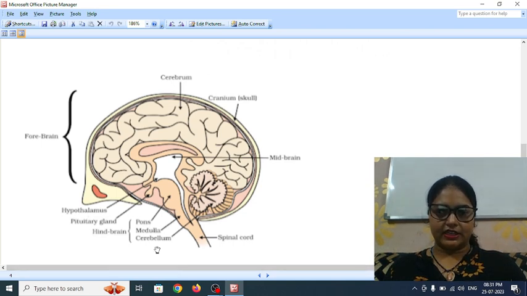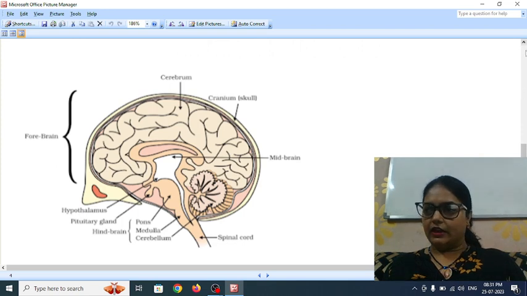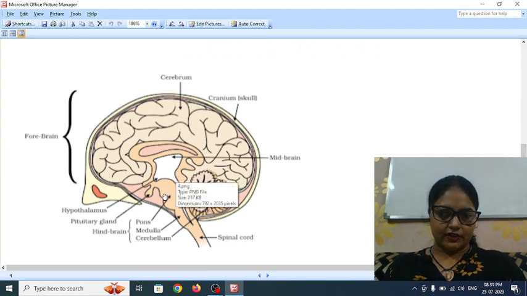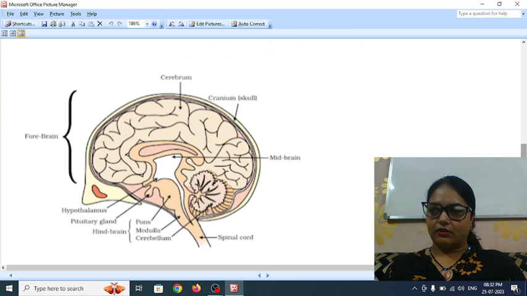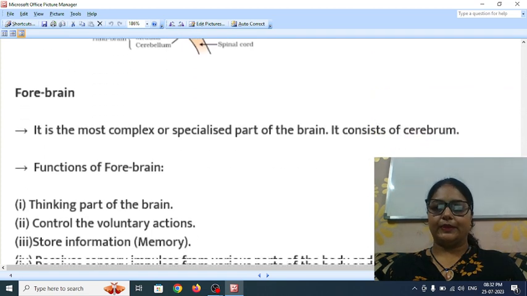Hindbrain has these three parts: pons, medulla, and cerebellum. And the forebrain has these parts, and the midbrain is this, and the spinal cord. Here the pituitary gland is also shown, and now we will continue with the forebrain.